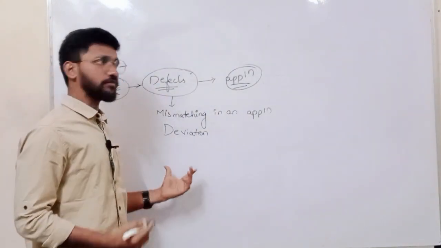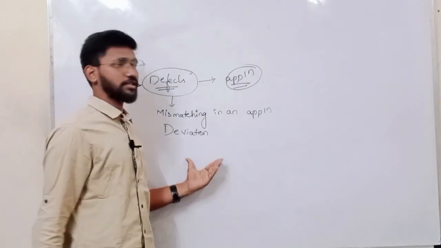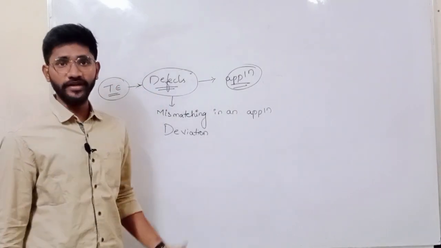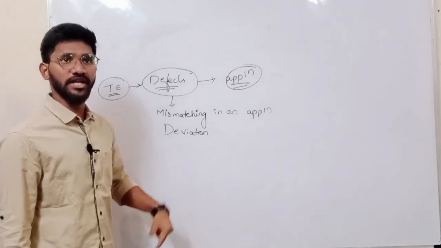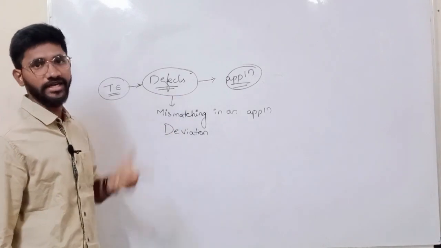As per the customer requirements, if something does not match, at that time only we call it a defect. Mismatch in an application or deviation in an application, mostly an important question for interviews.